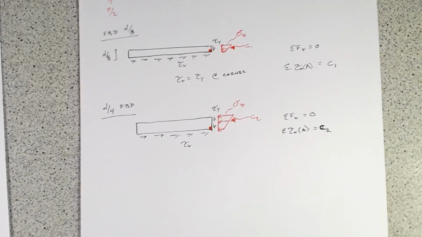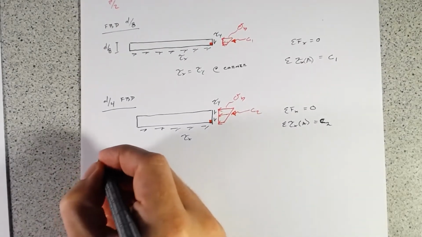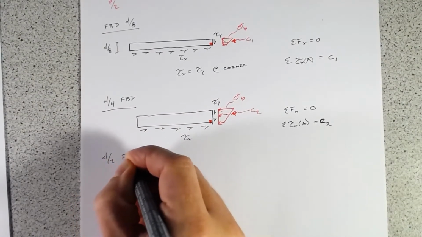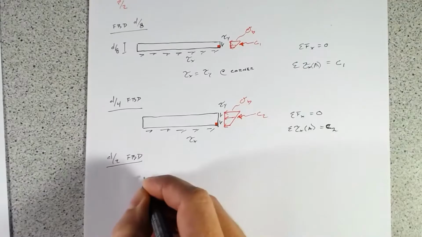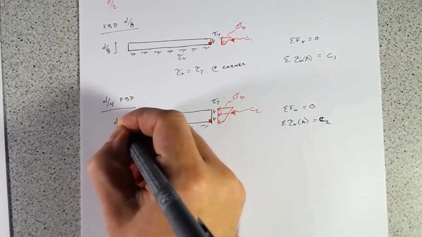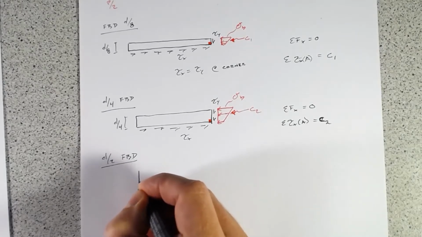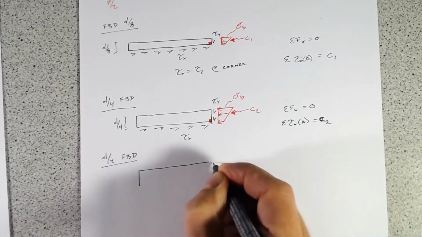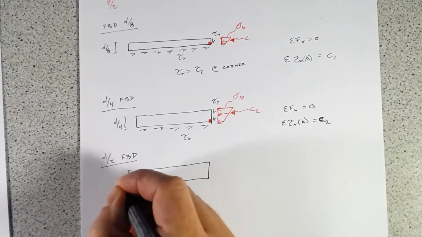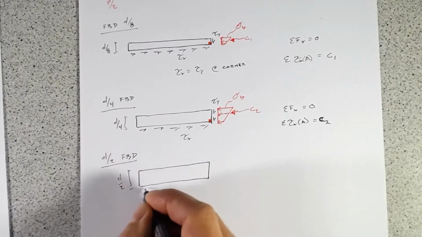All right, well that's coming along there. Let's do another one. Let's do d over 2. So half the depth over 2. So that's d over 4. Half the depth, d over 2.